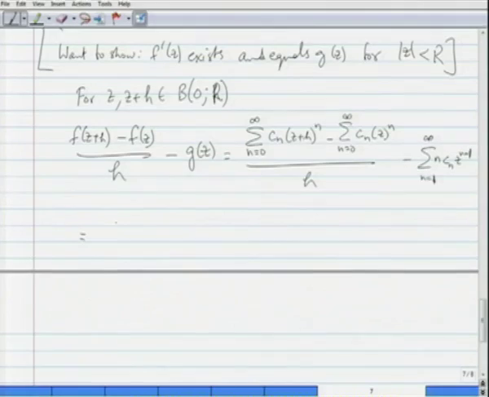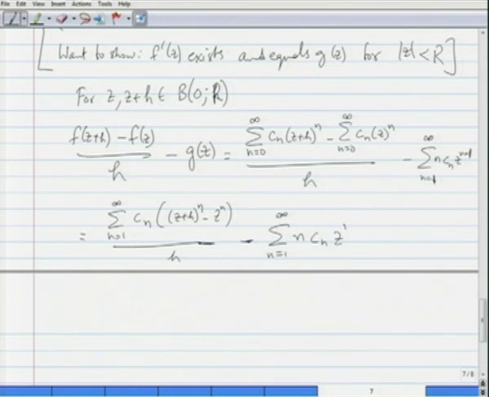So, this becomes sigma n equals 1 through infinity of C n times (z plus h) power n minus z power n, and then divided by h, minus sigma n equals 1 through infinity n C n z power n minus 1.